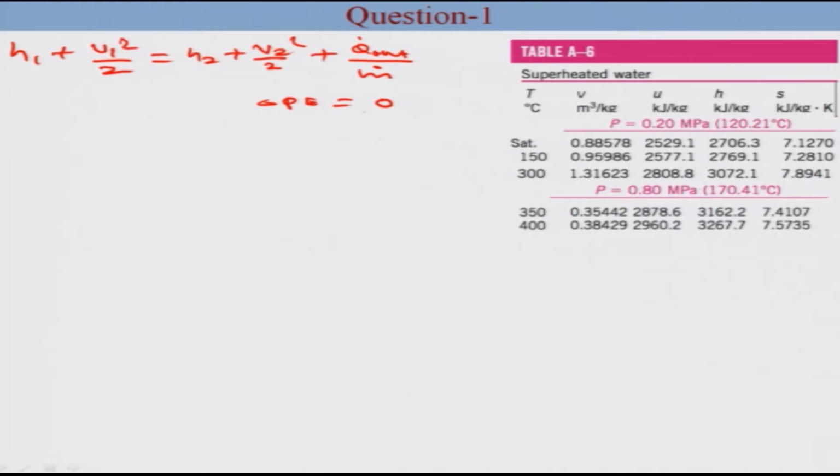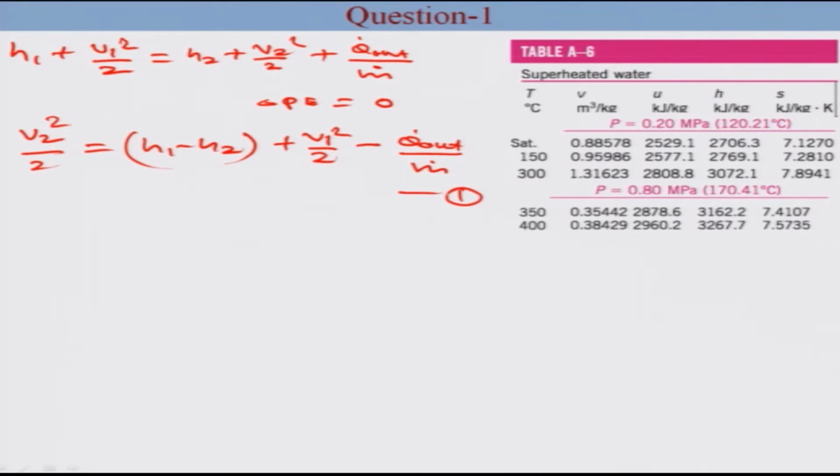So from here we need to find exit velocity, that is V2. After solving this we get H1 minus H2 plus V1 square by 2 minus Q dot out upon m dot. So this is our first expression. In order to get V2, we need to know H1, H2 and mass flow rate, since V1 we know and Q out we also know.